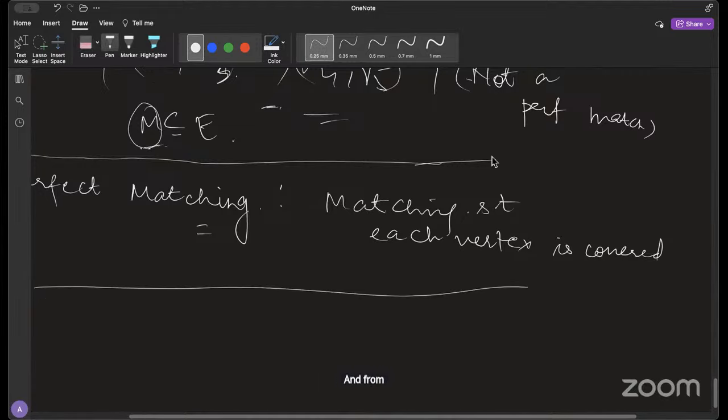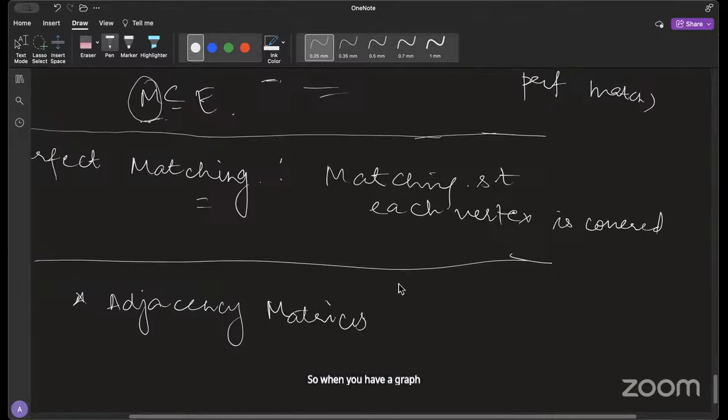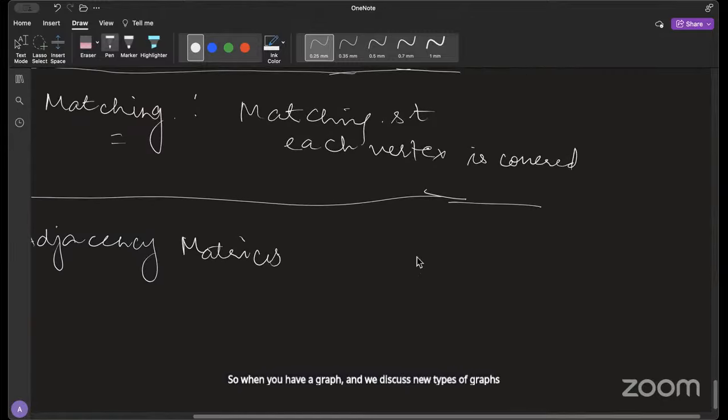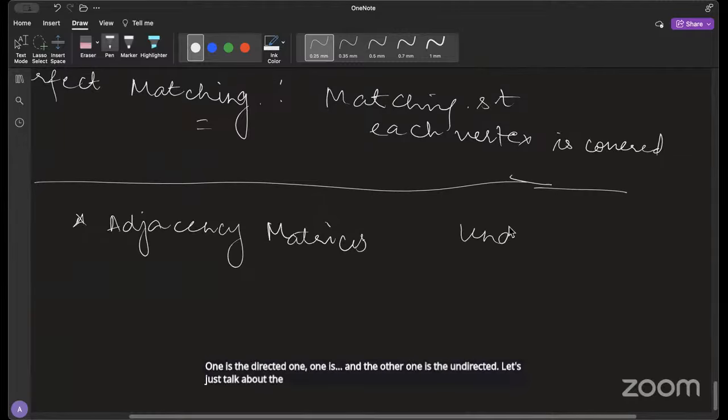And from here, the next important thing is adjacency matrices. So when you have a graph, we discussed two types of graphs, right? One is directed, and the other one is undirected. Let's just talk about the undirected first.